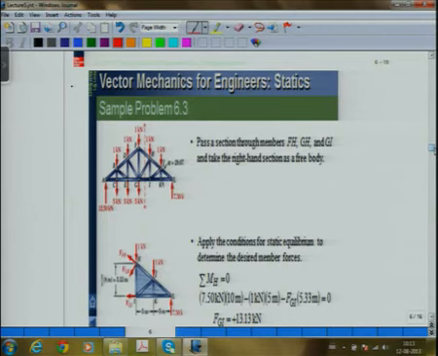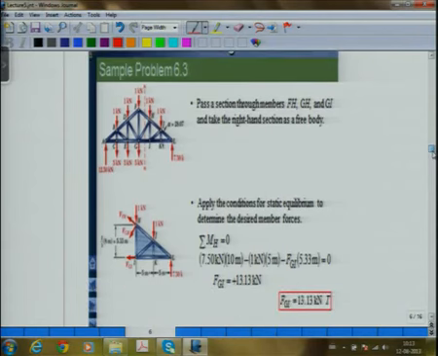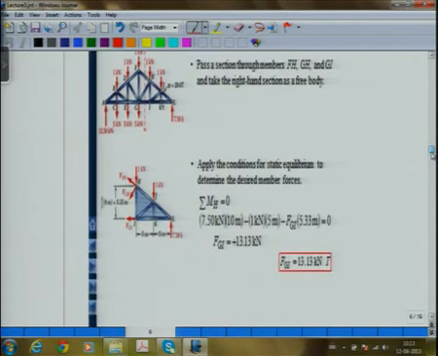Now the cut section free body diagram has been drawn very close to point H. As I said, we can draw it very close to point H, or to the other end, or somewhere in the middle.